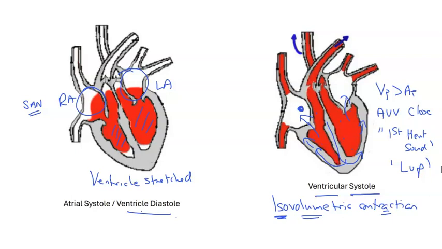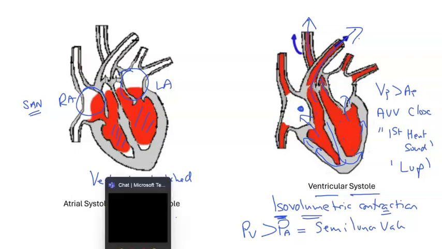When the pressure in the ventricle is greater than the pressure in the arteries, the semi-lunar valves will open, and blood will be ejected out in a pulse into the aorta and the pulmonary artery simultaneously.